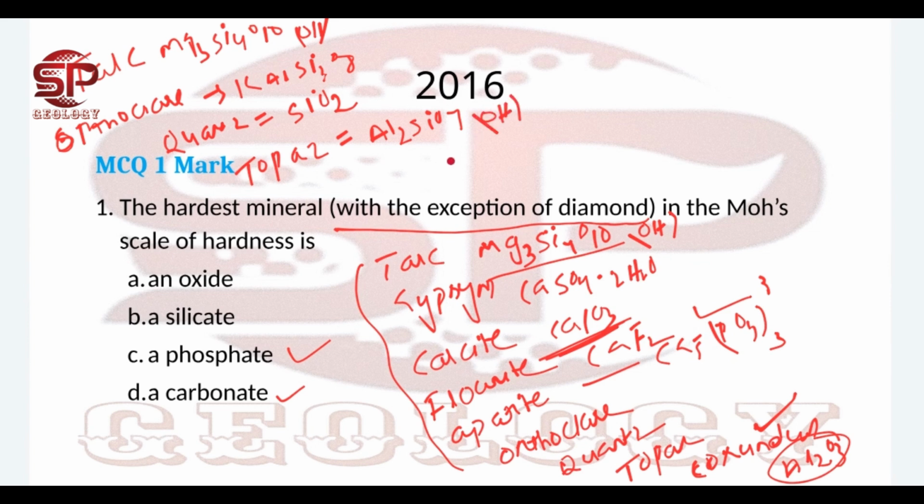So these four are silicates. The oxide is Al2O3, or you can say silicon dioxide is also an oxide. So we have four silicates, one phosphate, Ca5(PO4)3, and one carbonate, CaCO3. Your answer will be oxide.